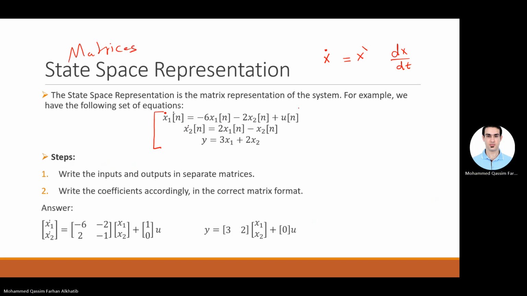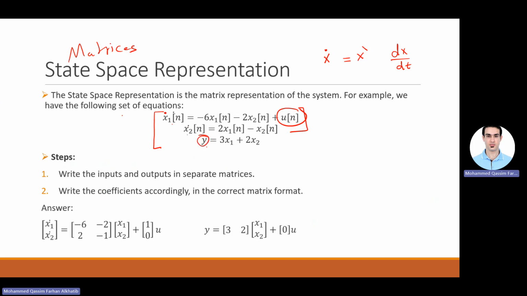Basically, these formulas with x1 prime, x2 prime, you can create a system out of them. And with y, you have another system out of that. Now, these systems are combinations of the state variables x1 and x2, and the input is usually the unit step function u of n, and the output is y of n.